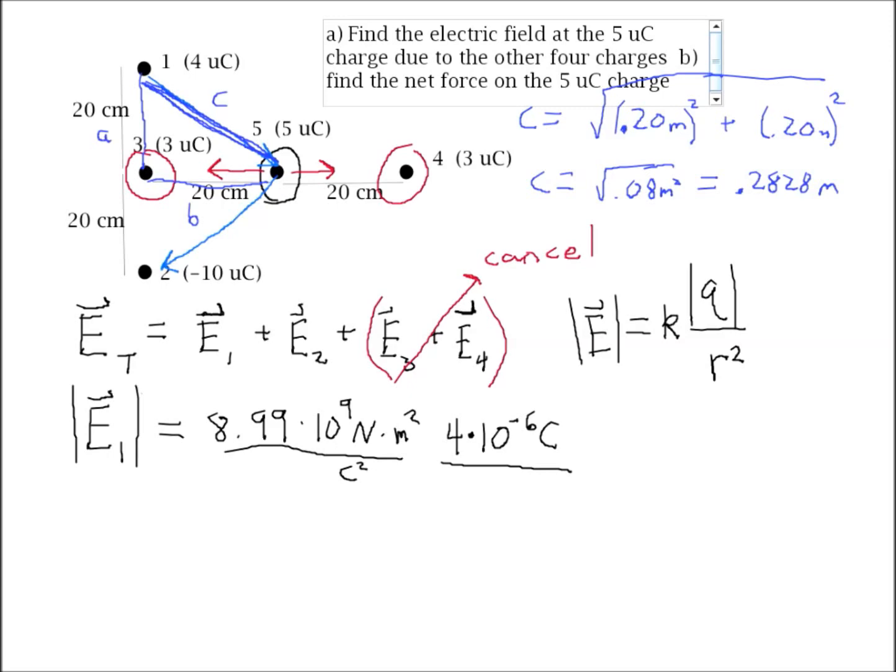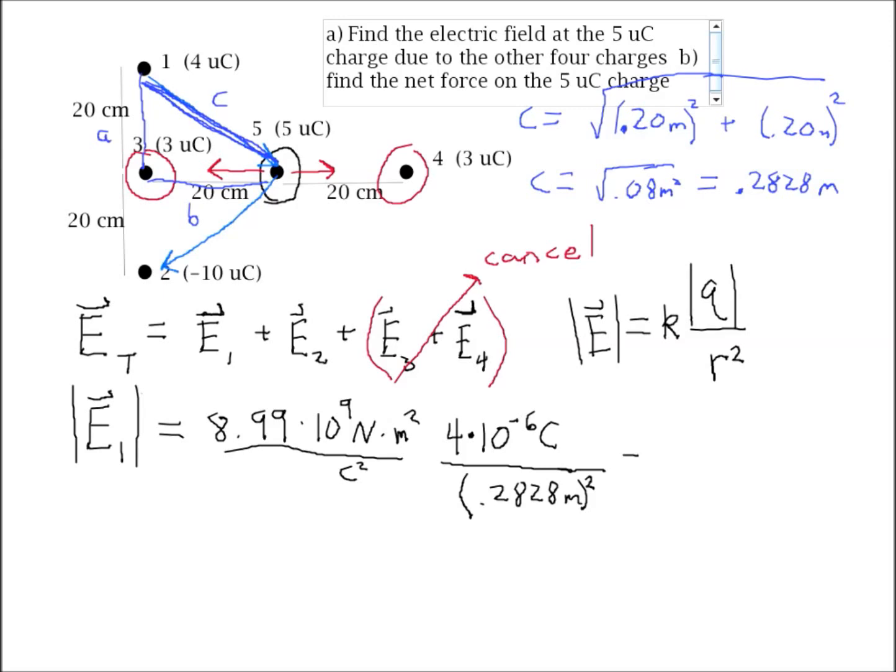So there is our distance R. We'll plug that into our equation down here. R squared is 0.2828 meters squared, which will be 0.08 meters squared, by the way.